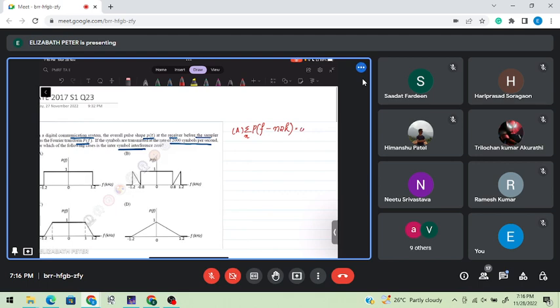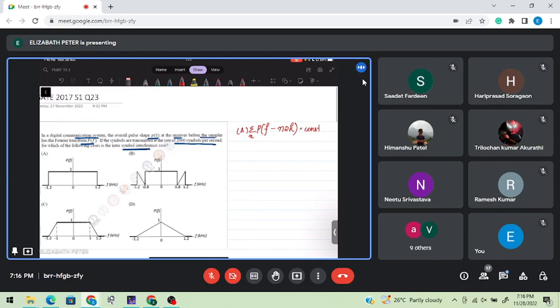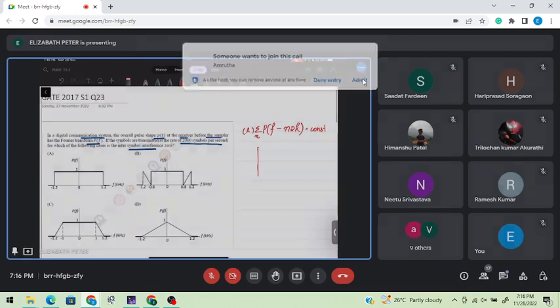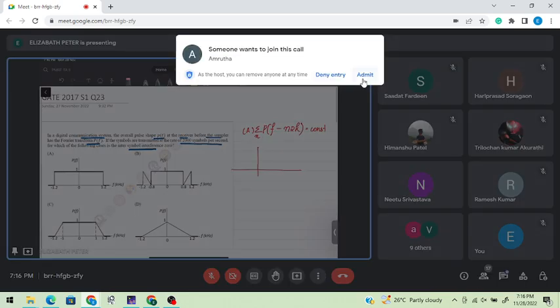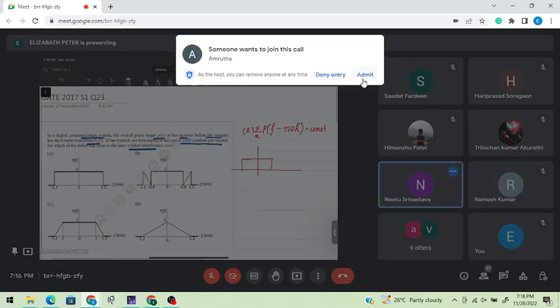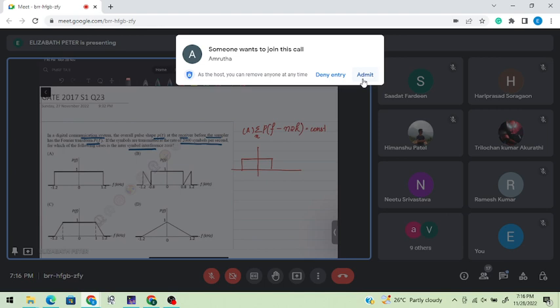Take the first signal and shift it by 2. Since the x-axis is in kilohertz, I just need to shift it by 2 and see whether its amplitude is constant.